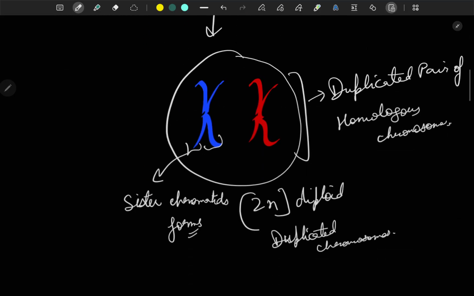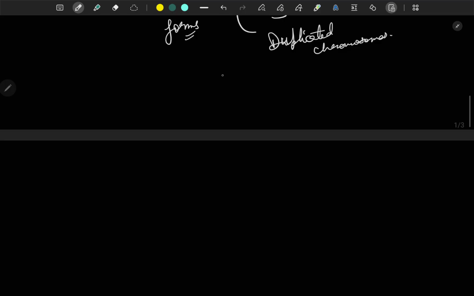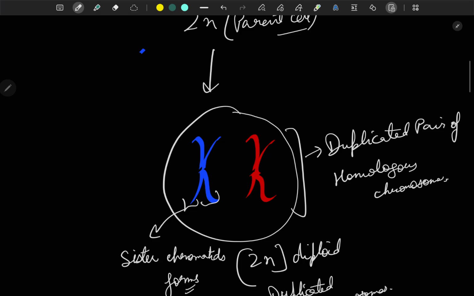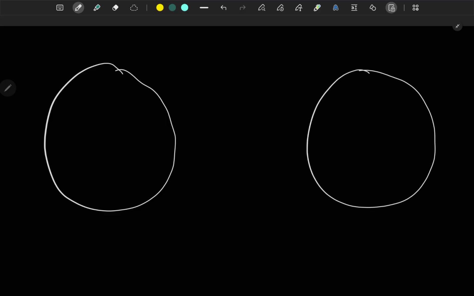Now let's step further. What happens is, now the cell divides. This cell will divide into two cells.